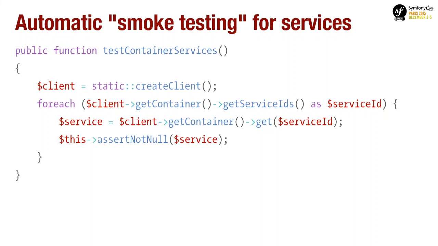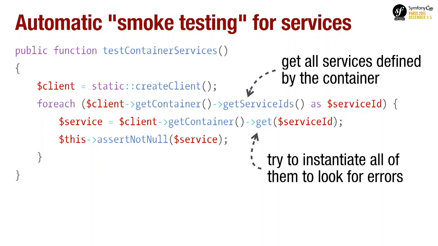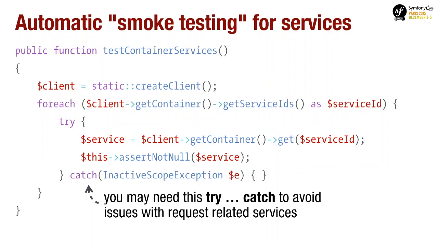You can put that unit test in your applications, those 4 lines, to get all services and try to get them. And when something wrong happens, this test won't pass. So it's an early warning that you have broken some service, something you have broken. You probably need this to avoid some errors, but it's like that, 5 lines of code, and that's it. And you forget forever.